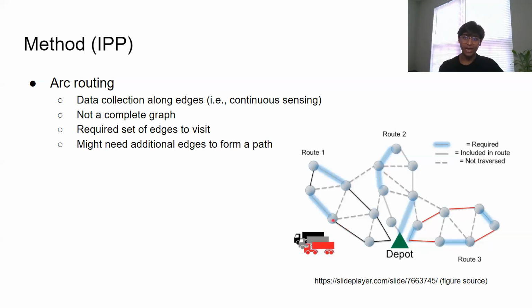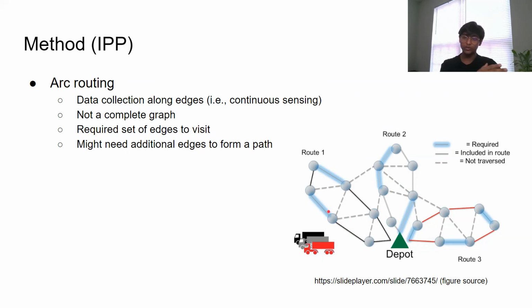At the beginning of the algorithm, we wouldn't have any required edges to traverse. But after the first iteration, we would have a single edge to traverse. And we would compute the route cost using the arc routing problem, such that we start from the depot and we come back to the depot. And we also make sure that the required edge has been traversed.